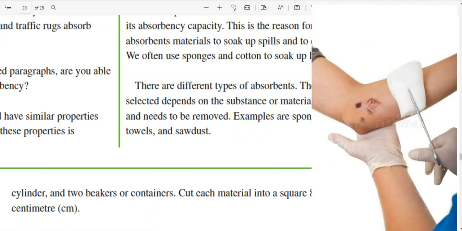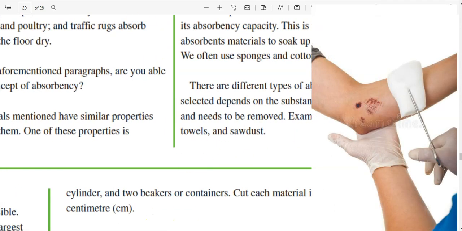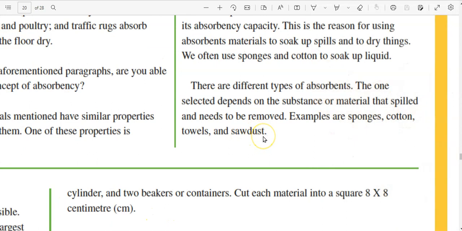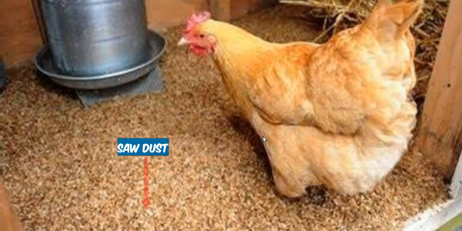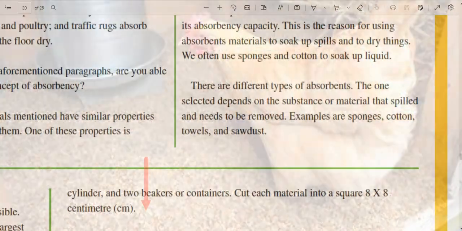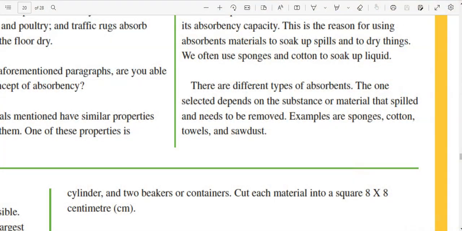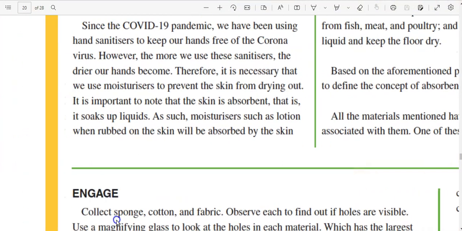We use towels, say at the bathroom, and sawdust could be used for a chicken coop. So we have to keep that area nice and fresh and dry so we don't have much of a smell in raising chickens. We use sawdust to place on the floor.